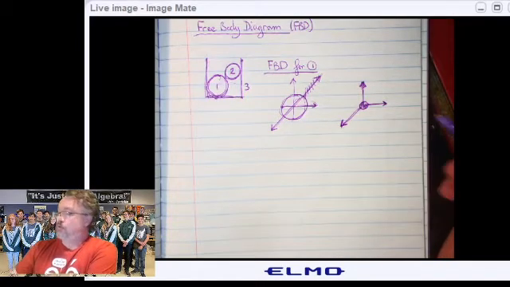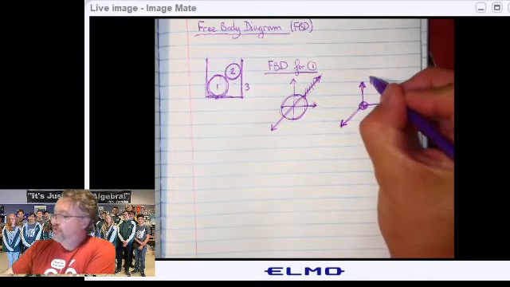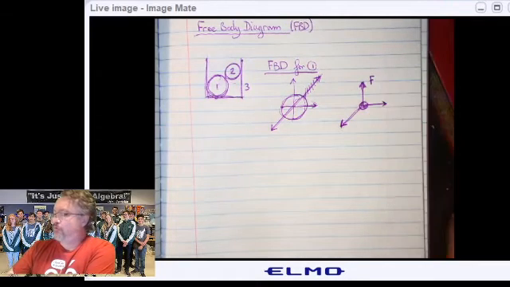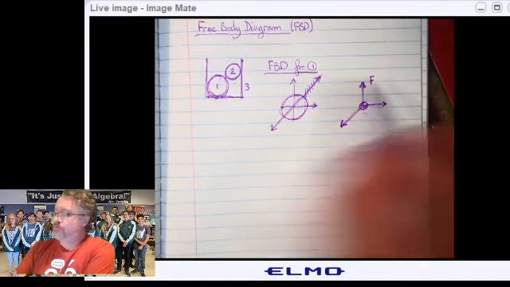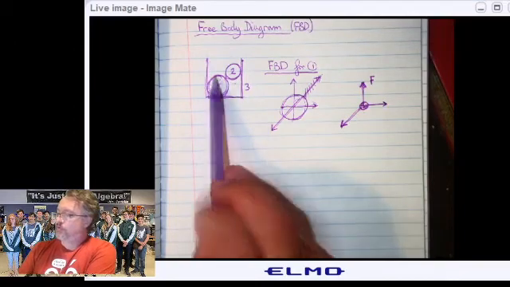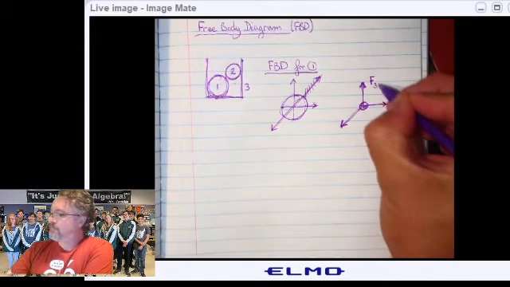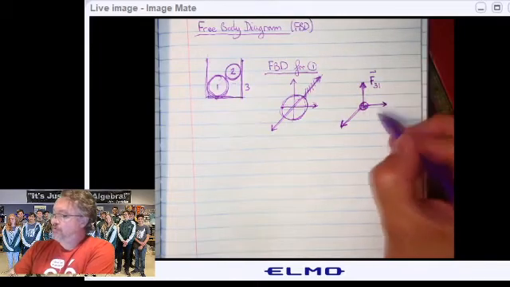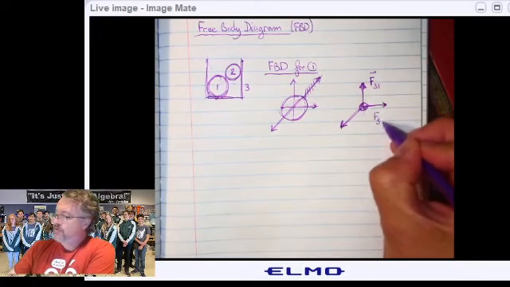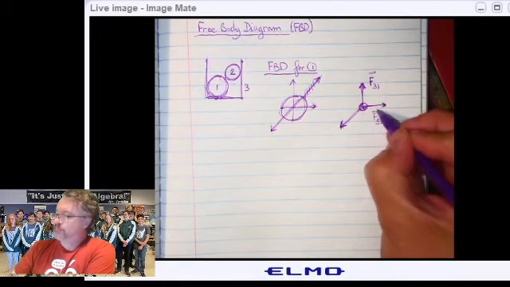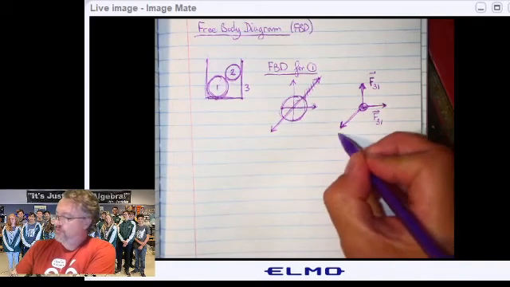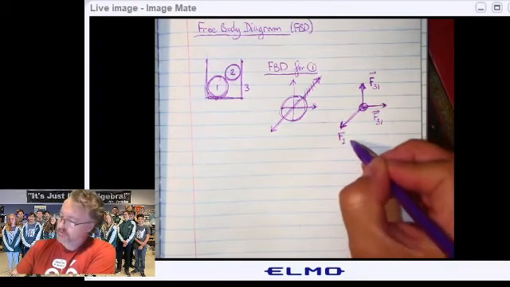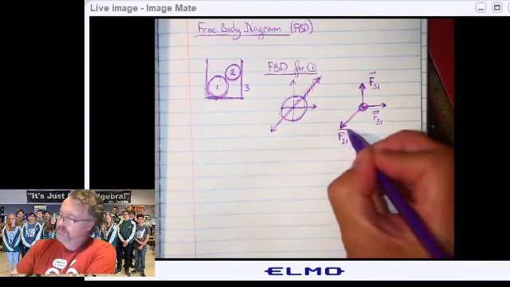Okay? So we can use different conventions, but I'm going to call this the force of 3 onto 1, F3,1. This I'm going to call the force of 3 onto 1 as well. And here I'm going to call it the force of 2 onto 1, like this.